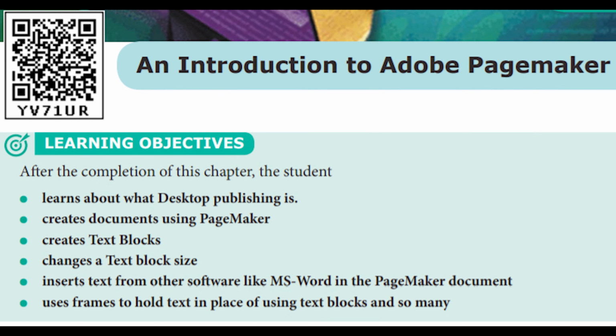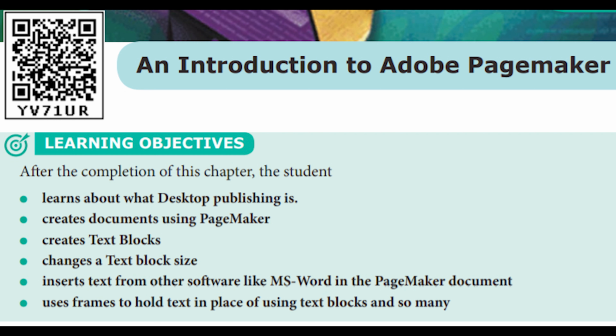We have seen opening a new document, saving, and we have seen the tools. We have seen how to import a picture or a shape, how to import text inside the picture, how to make a textbox, and how to place a text inside a shape which we have created.